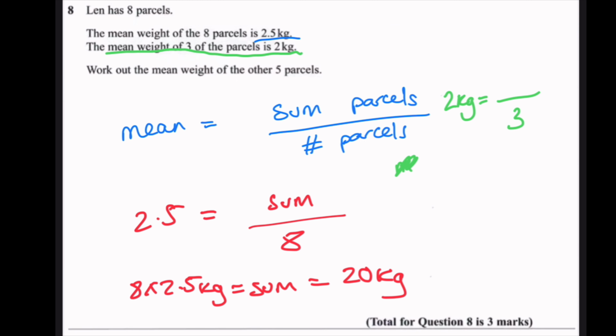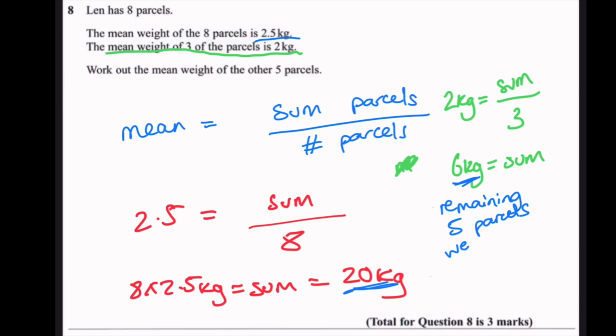So again, I'm going to multiply this by this. 6 kg equals the sum of those 3 parcels, okay? Which means the remaining 5 parcels must weigh 14 kilos, because 20 minus 6. The remaining 5 parcels weigh 14 kg. Okay, it wants the mean weight of the remaining 5.